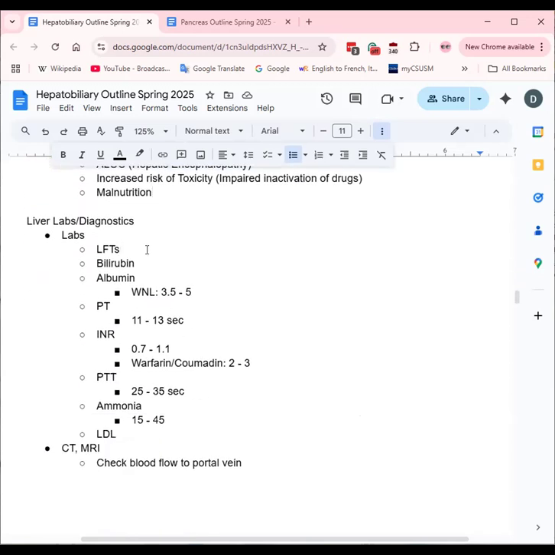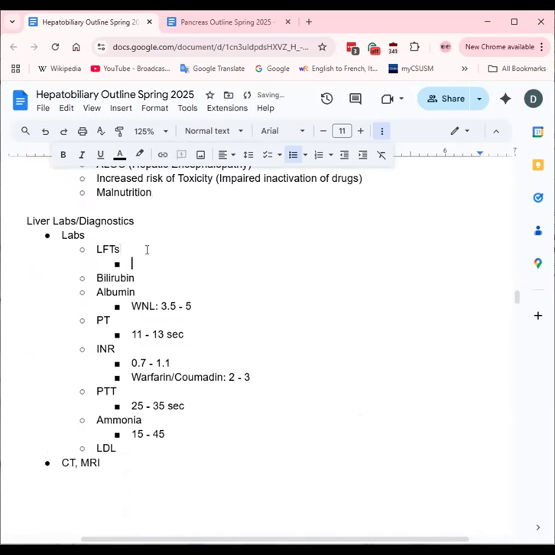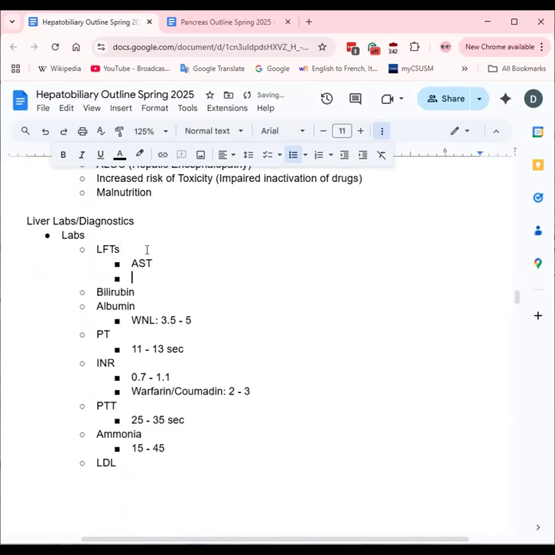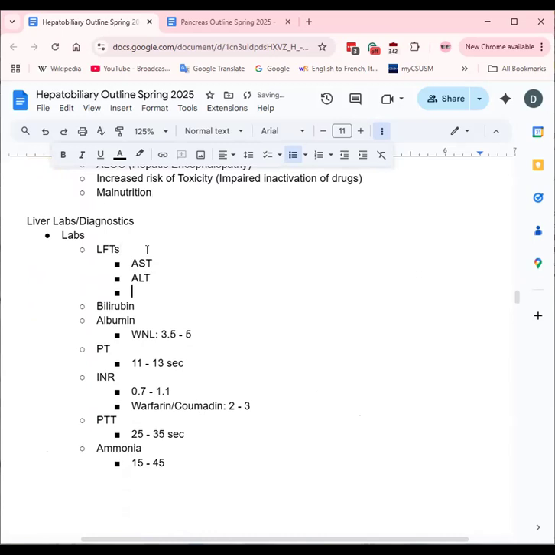Okay, so what are the names of the LFTs? We'll just work with that first, just with the name. So you have AST, ALT, and ALP.